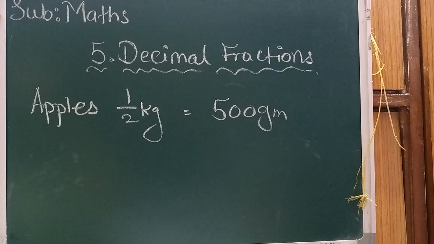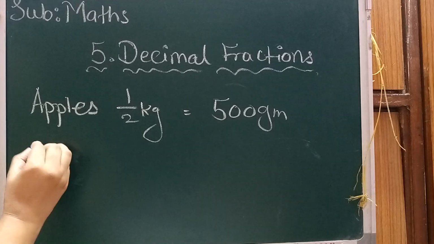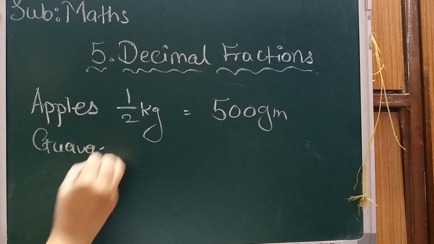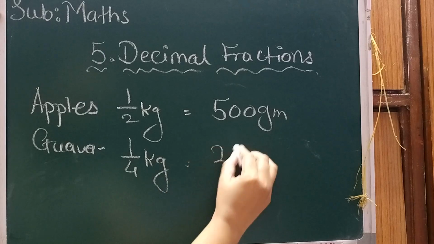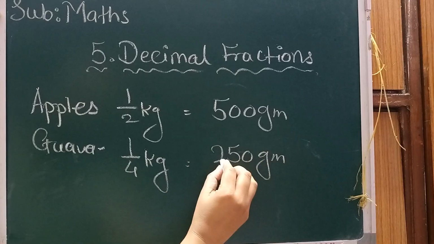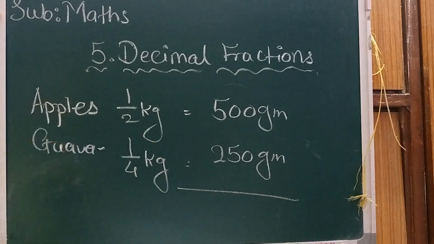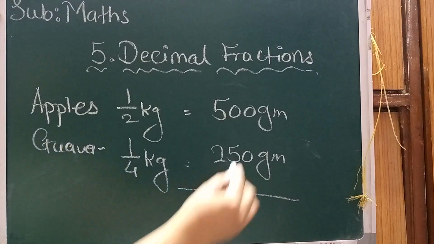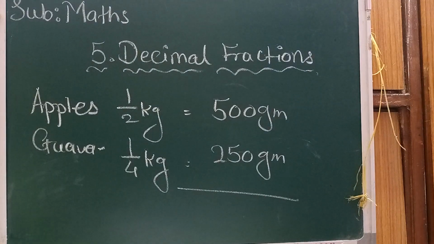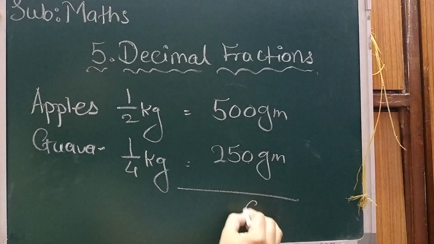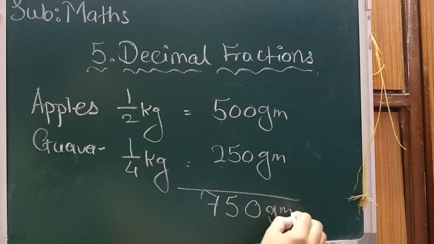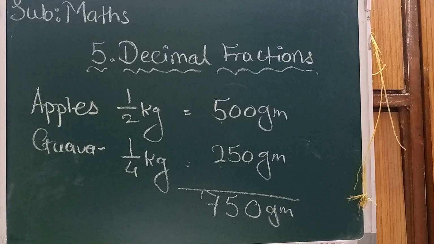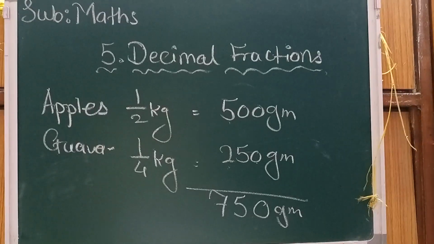Suppose after that you want to purchase guava, and you purchase only 1/4 kg, which means 250 grams. Let us add the total quantity of fruits you have bought. We add 0, then 5, and this will be 750 grams. Total 750 grams is the quantity you have bought.